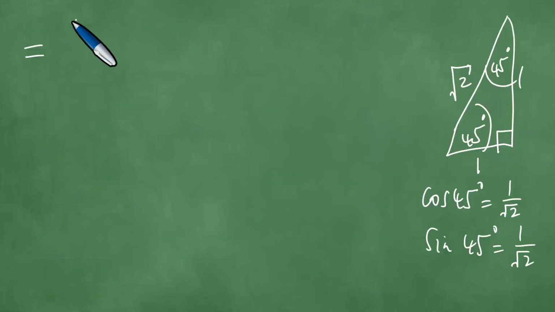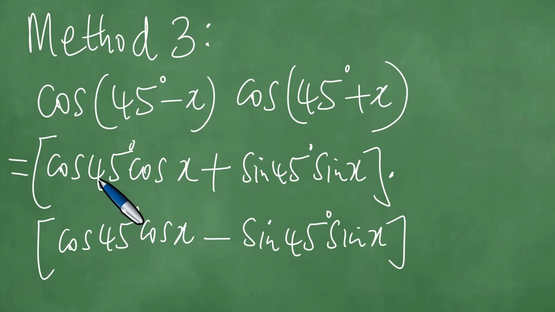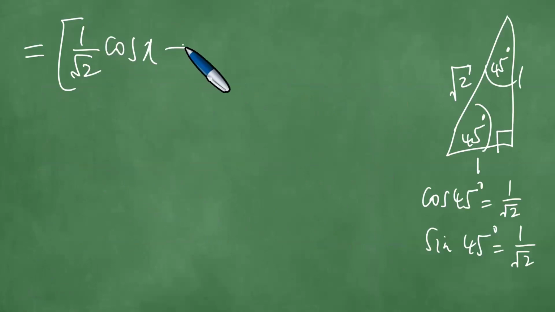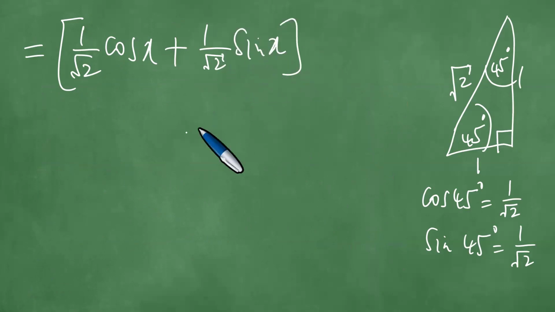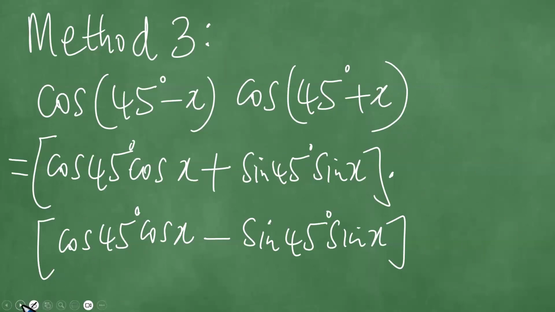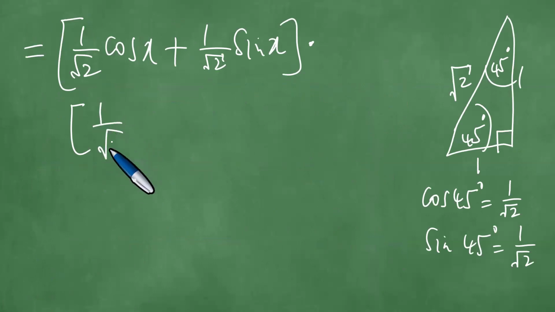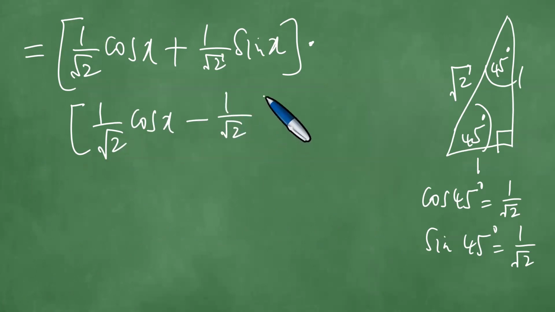So it's going to be 1 over the square root of 2 times cosine x, plus 1 over the square root of 2 sine of x, into 1 over the square root of 2 cosine x, and there's just a minus there, 1 over the square root of 2 sine of x.